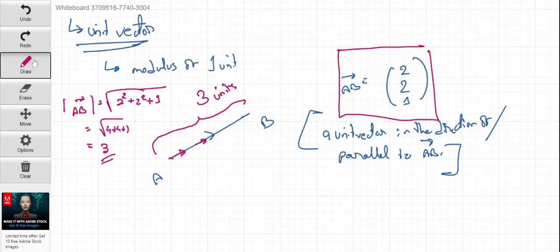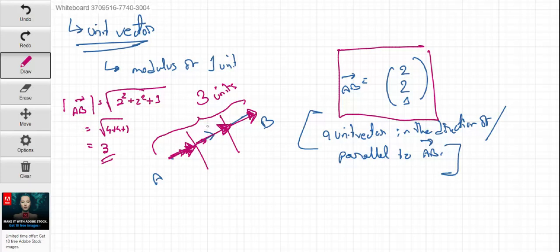What if I literally slice this 3 unit vector into exactly 3 equal parts? So we have one red arrow over here, the second red arrow of equal length, and the third red arrow.